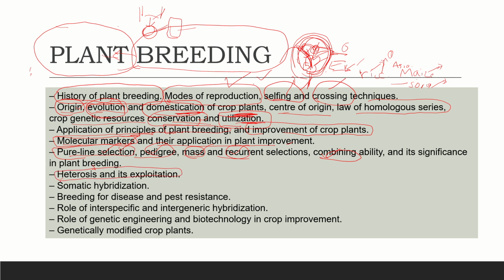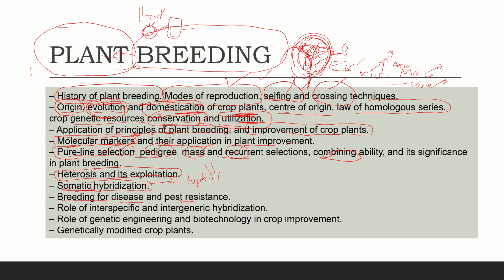Heterosis is also a type of breeding. And somatic hybridization: we are all familiar with the term hybridization, and everything that we eat nowadays is a hybrid variety, which is a combination of different parents. What somatic hybridization is, is what we study here.